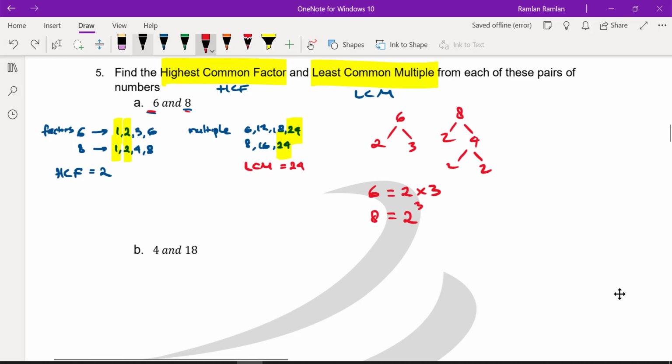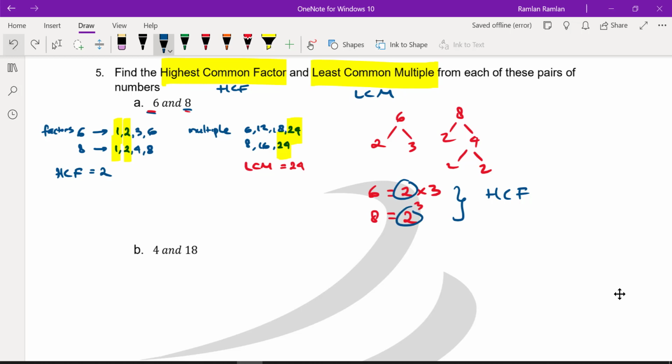Now, to find the highest common factor from this, you need to see the numbers that are the same, and then take the lowest power. We can take 2 because we have 2 over here, and we also have 2 over here, right? So both of them have 2 as a prime factor, but this one is to the power of 3.